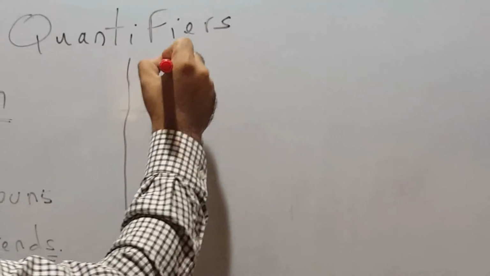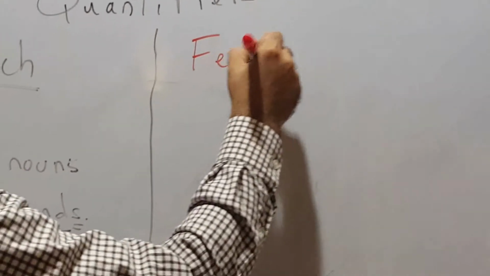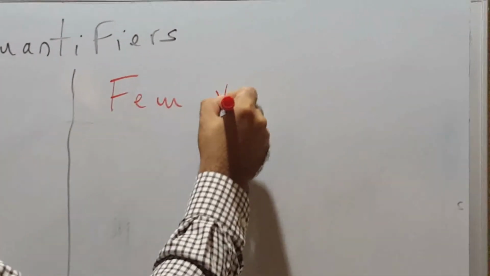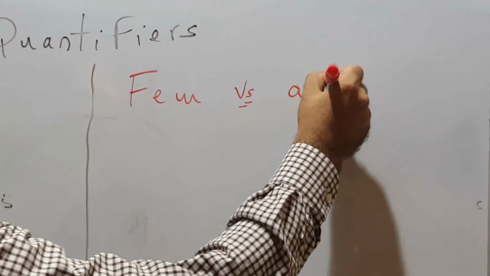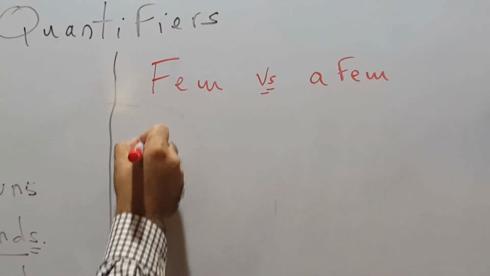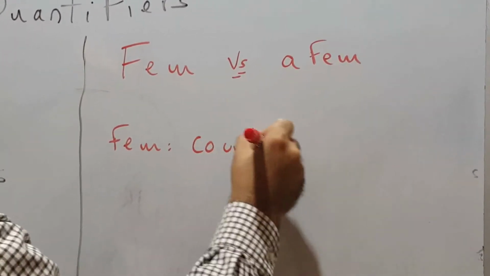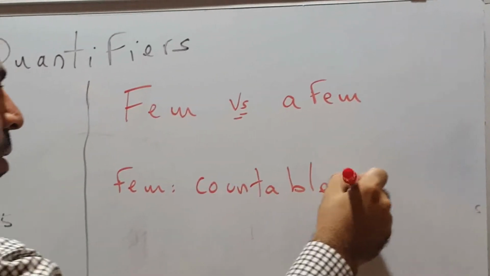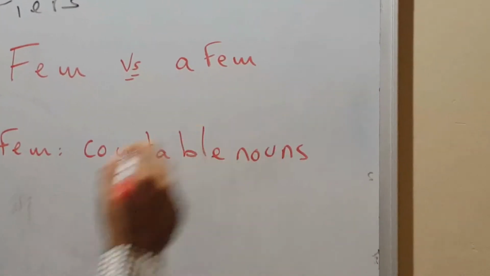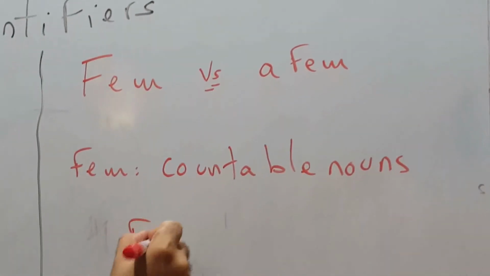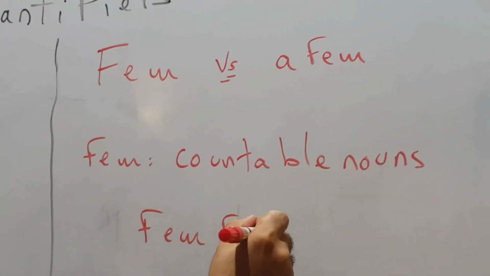Let's see the difference between few and a few. We use few, a few with countable nouns. Say few friends.